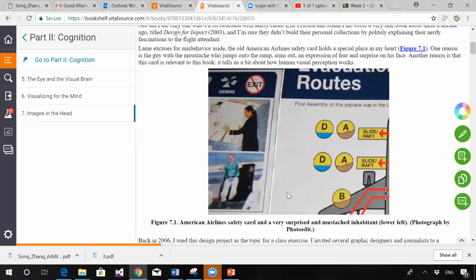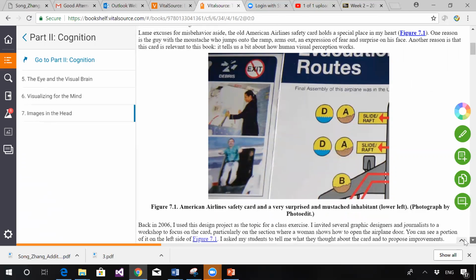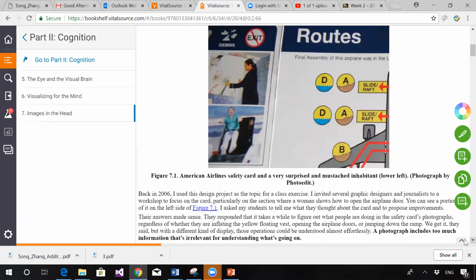He discussed that this person looks scary, and seems to be in the motion of jumping. You may feel confused about what this is about. There is just too much information, and you may focus on, oh, he's scared, that kind of stuff, instead of how to open the airplane door.